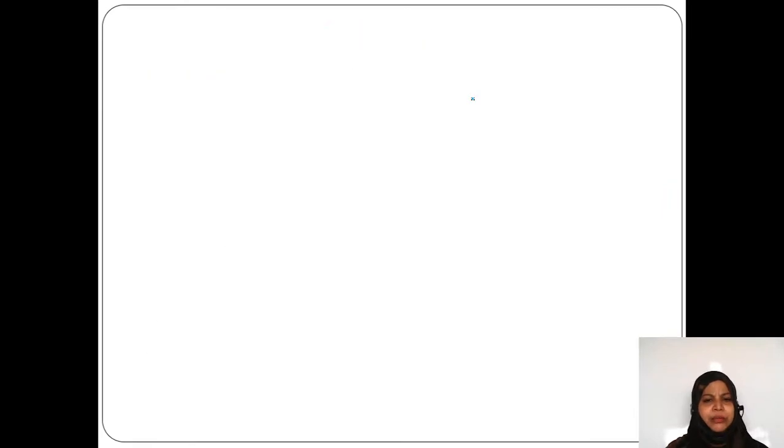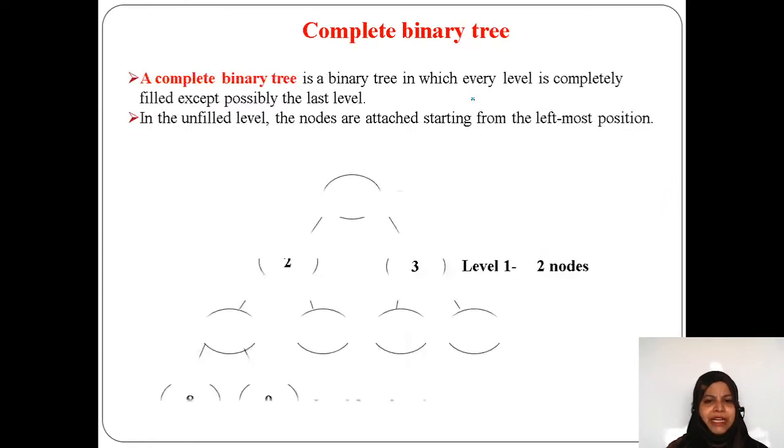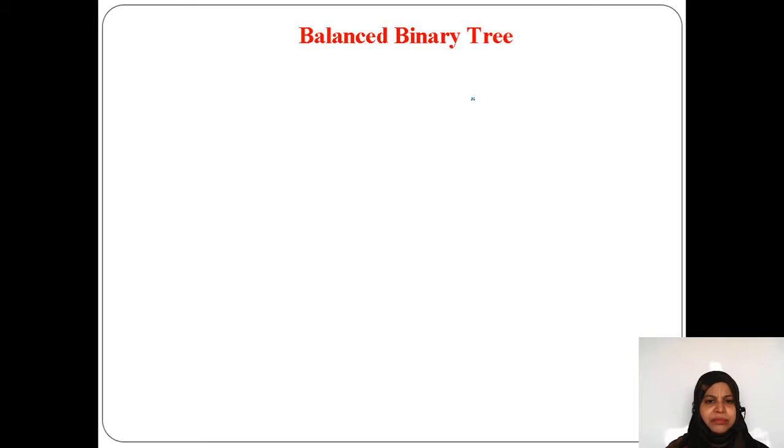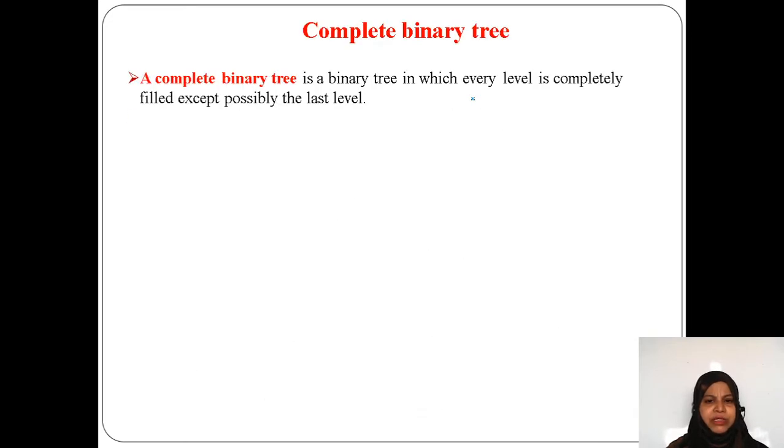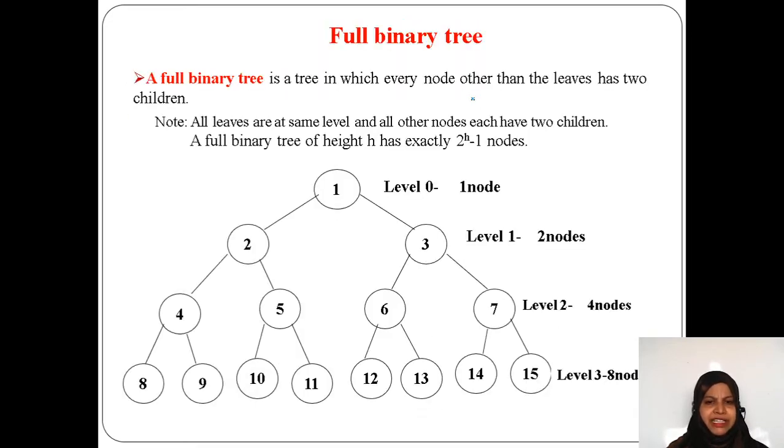Next is the full binary tree and the complete binary tree. You must remember these. What do you mean by full binary tree and complete binary tree? A full binary tree is a tree in which every node other than the leaves has two children.